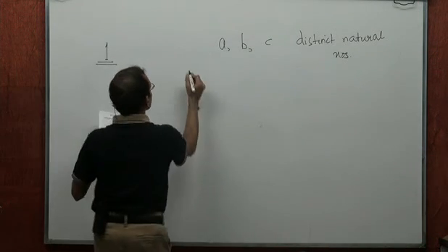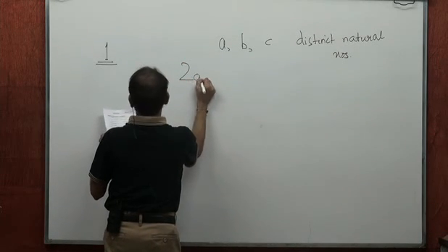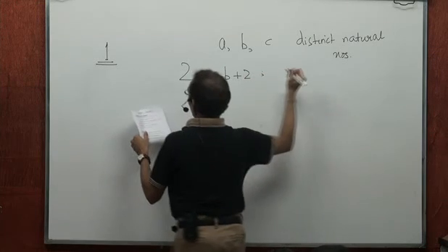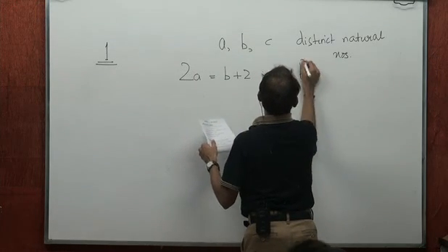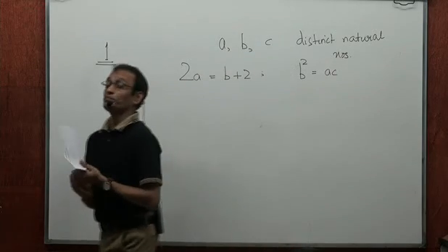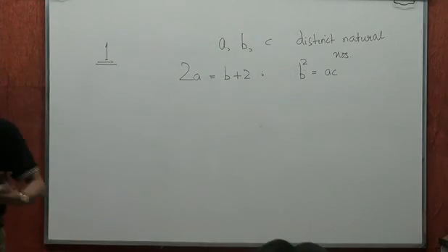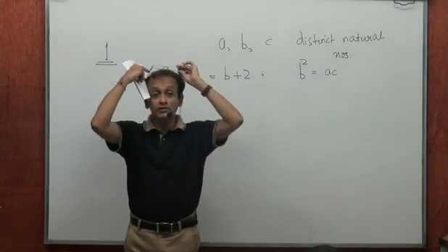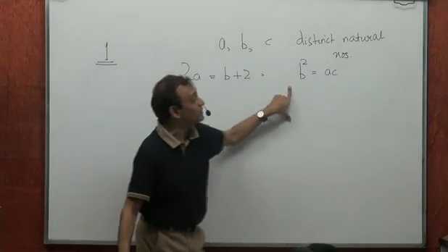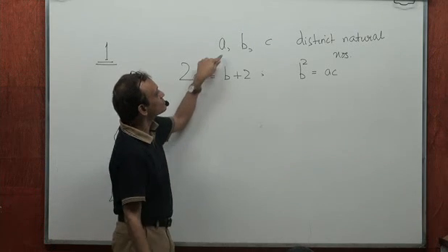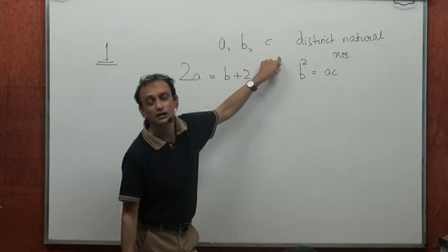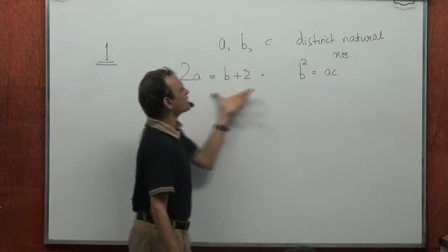One is 2a is b plus 2, and b squared is ac. And I want to find the values of a, b and c, or at least evaluate if a, b, c are obtainable, and if at all there are natural number values of a, b, c commensurate with these conditions, also enjoying distinctness, a, b, c being distinct, being natural numbers.